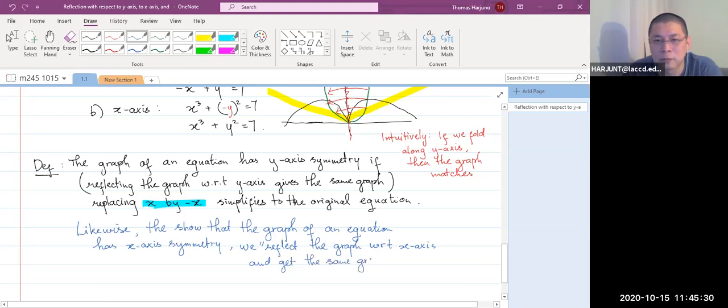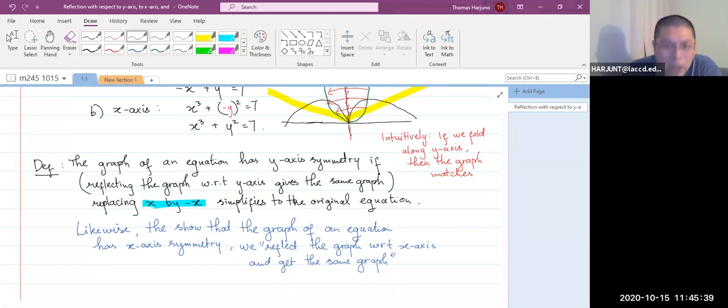Now the thing is, the process of reflecting the graph with respect to the x-axis and getting the same graph, we do it algebraically without actually graphing it.